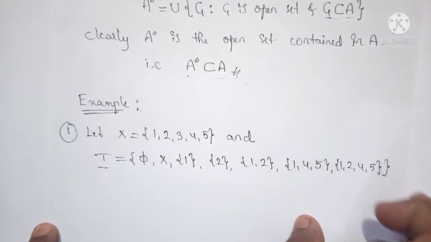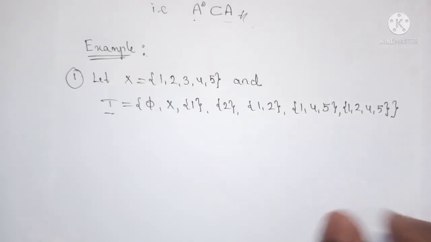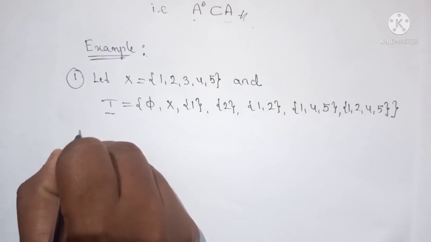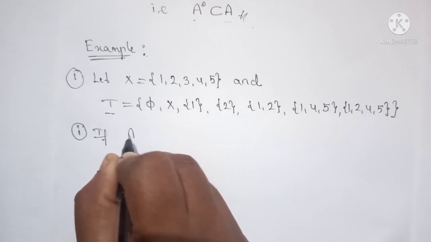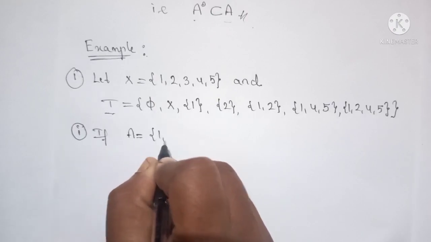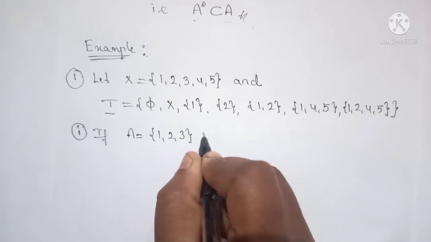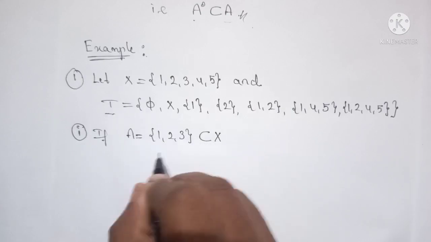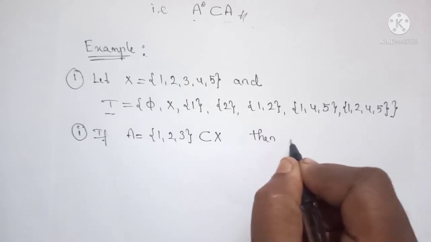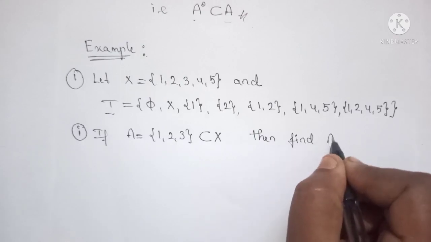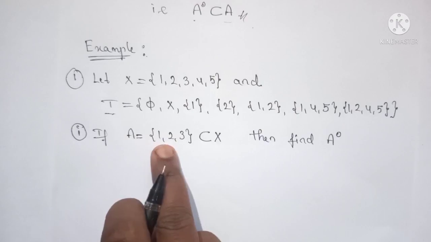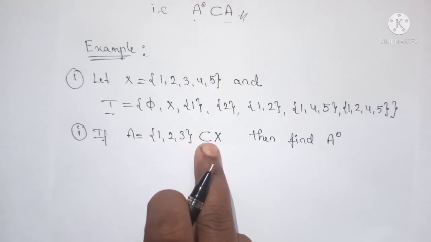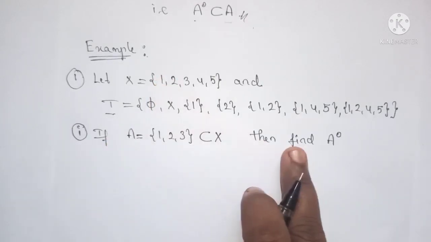The first question: if A is equal to {1, 2, 3}, a subset of X, then find A interior.